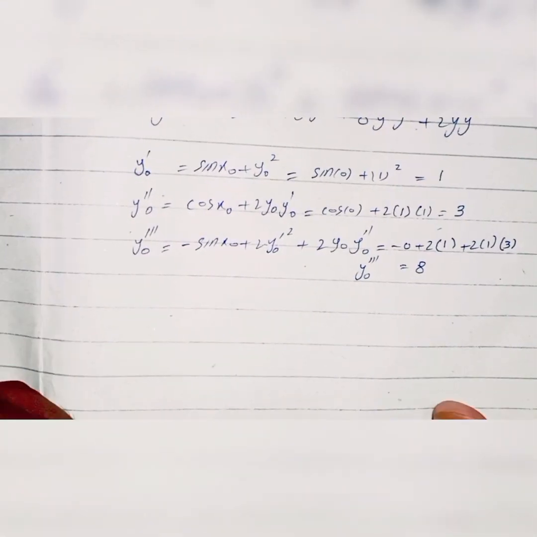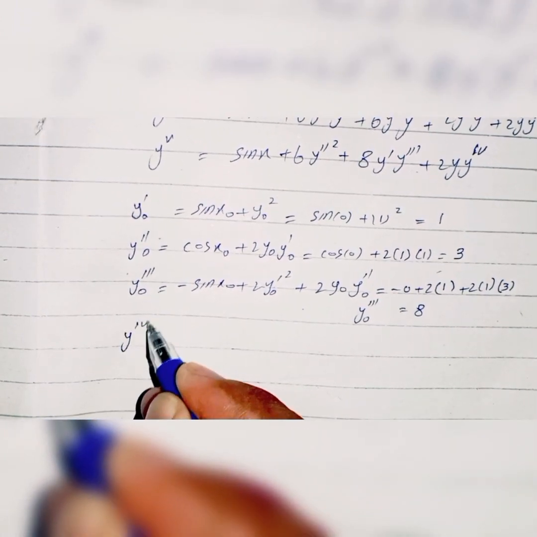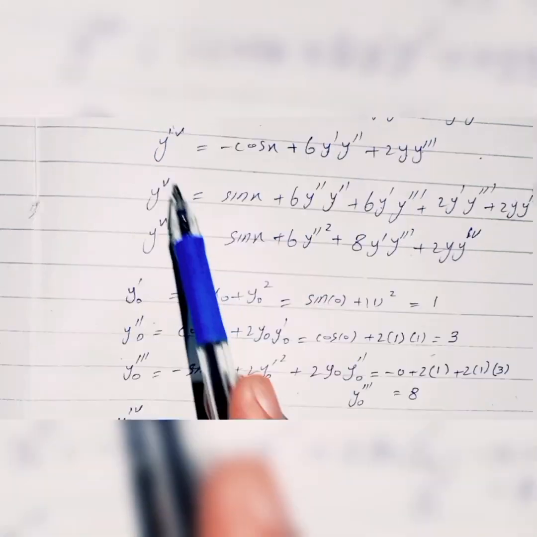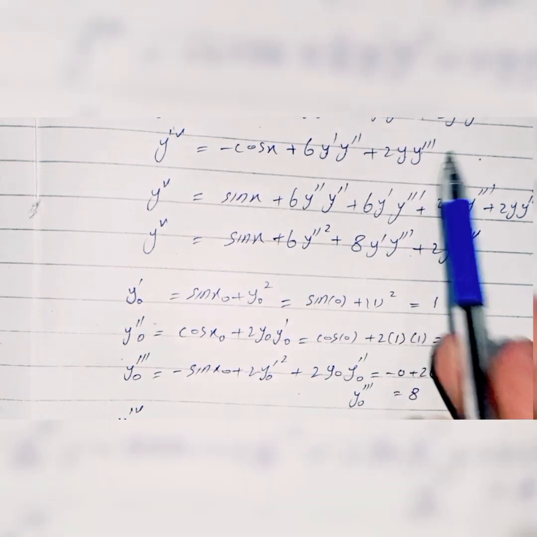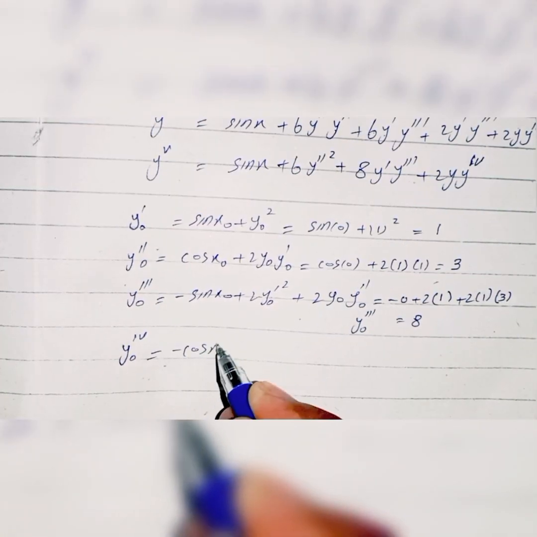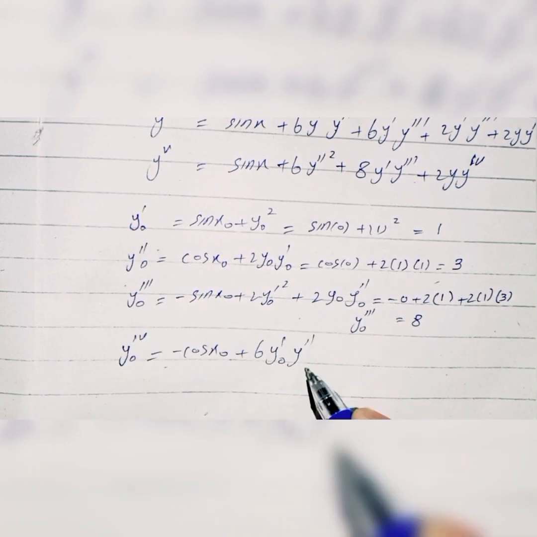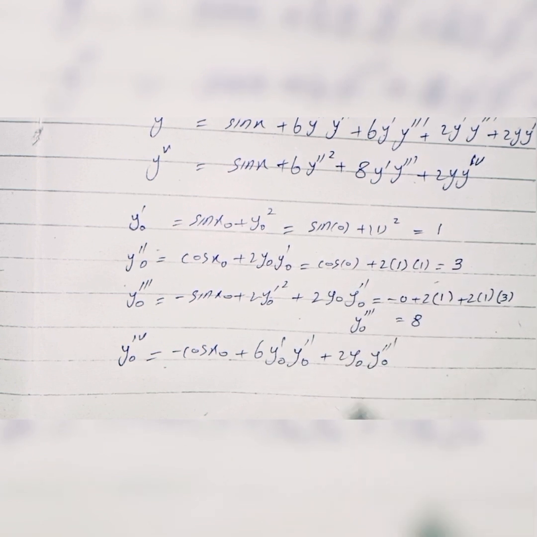Now we use the fourth derivative formula. The fourth derivative is minus cos x plus 6 y prime y double prime plus 2 y y triple prime. So we have minus cos x naught plus 6 y prime naught y double prime naught plus 2 y naught y triple prime naught.